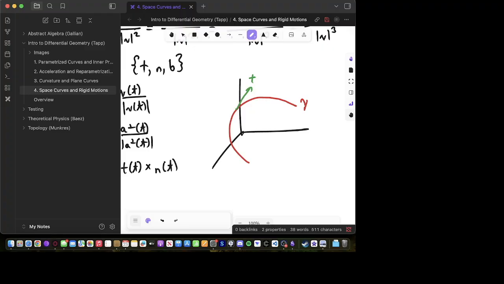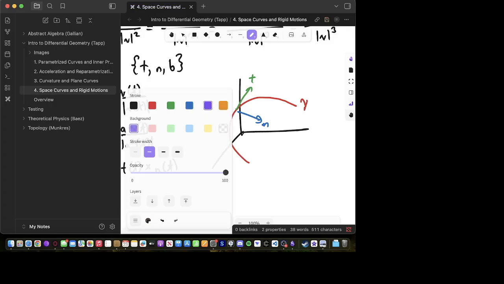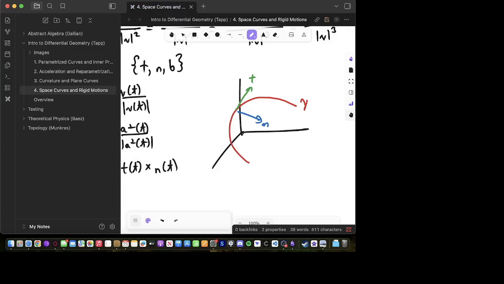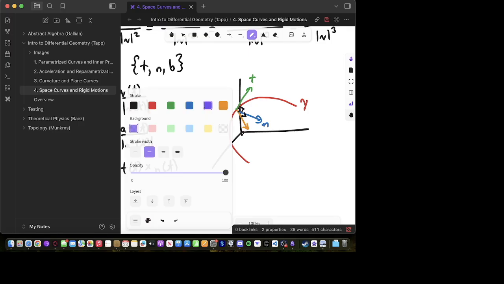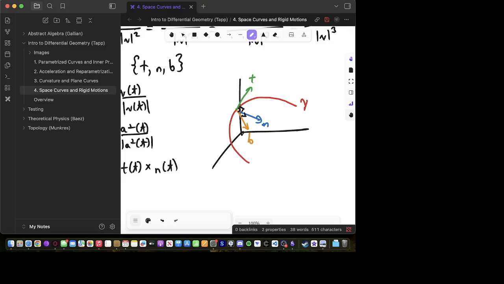Our unit normal, I believe, should be going this way, and the binormal should be pointing down, and they're all at right angles to each other, so something like that. It's pretty badly drawn, but hopefully that should shed some light on that.